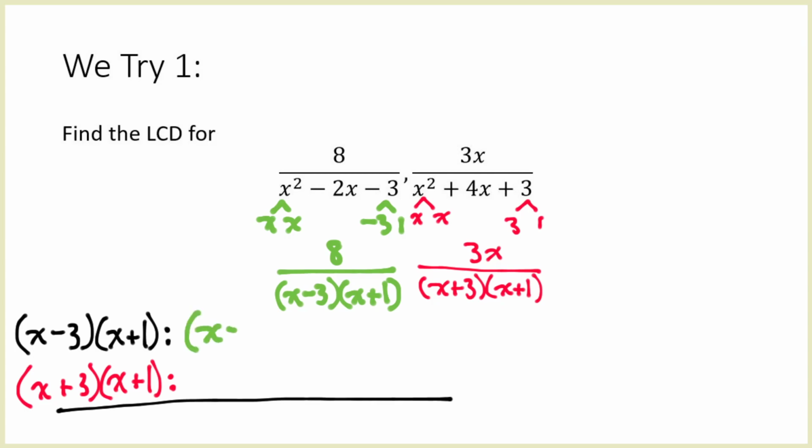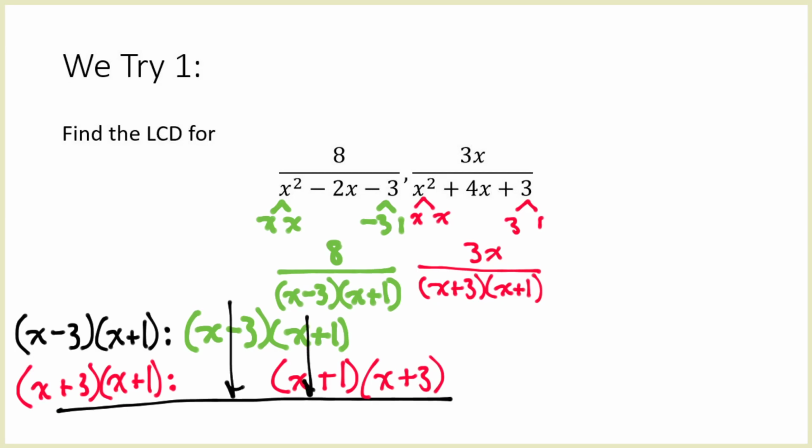I'll have x minus 3 times x plus 1. I can fill in an x plus 1 here, leaving x plus 3 to be out in the cold. Now I can drop them all down vertically, and that'll give me my least common denominator.